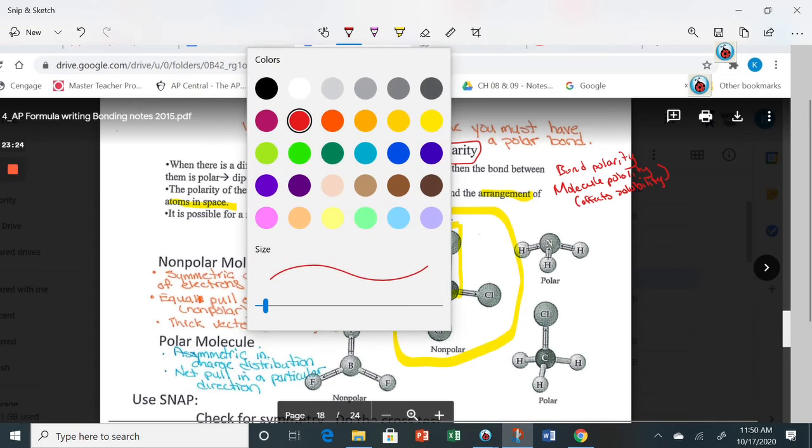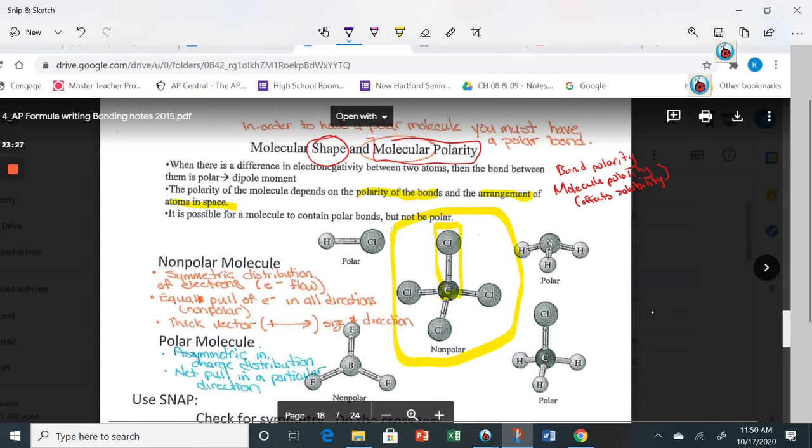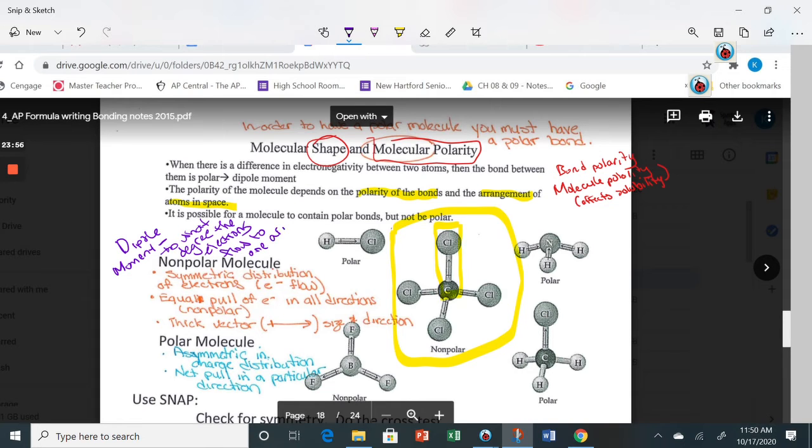A dipole moment, and this affects properties, is to what degree the electrons flow to one area of the molecule.